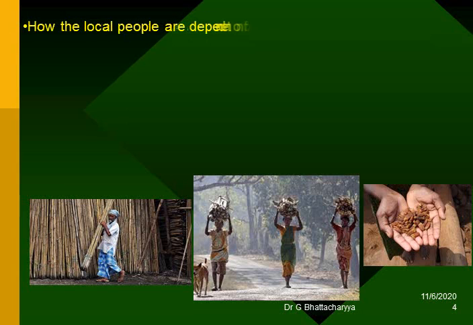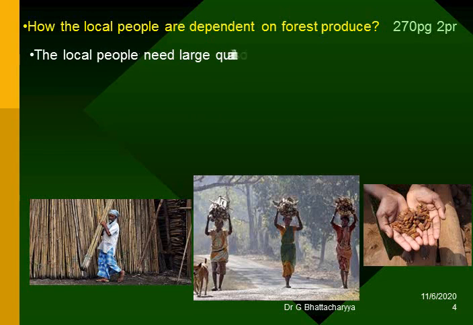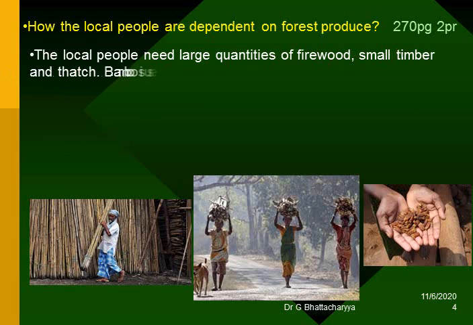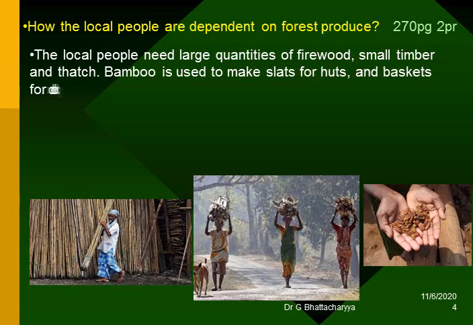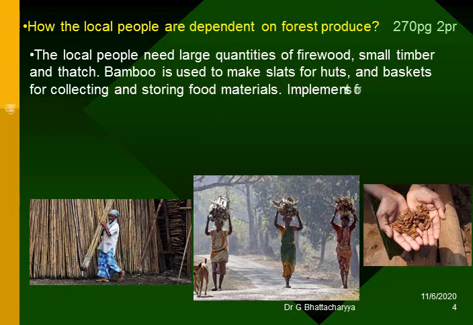How the local people are dependent on forest produce. The local people need large quantities of firewood, small timber, and thatch. Bamboo is used to make slats for huts and baskets for collecting and storing food materials.